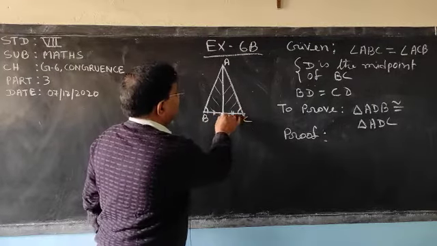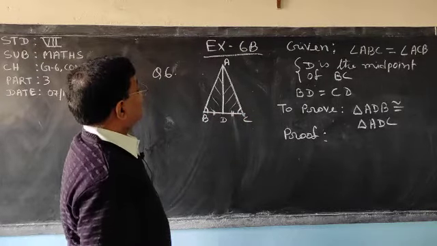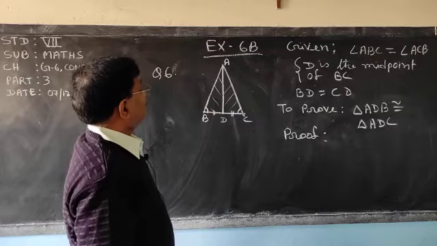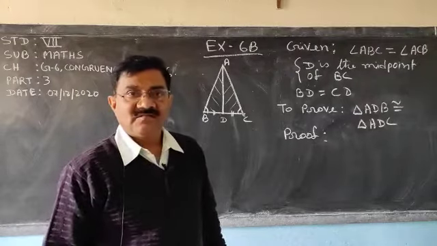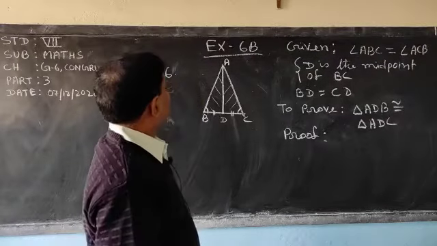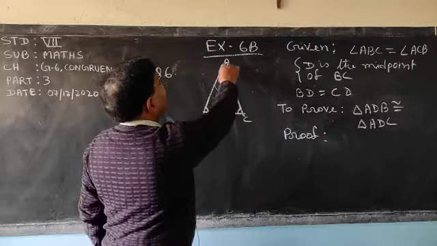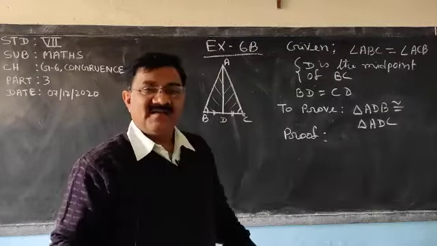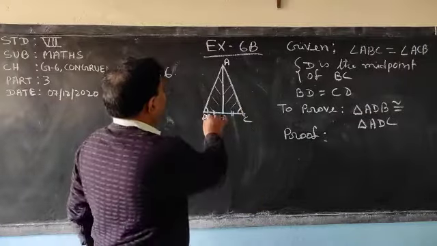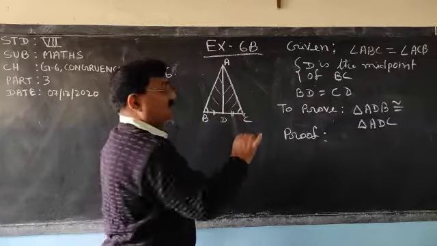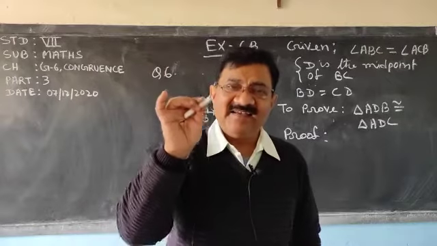And BD is equal to CD, it is given. And what to find third? A little bit of confusion is there. This side AD is common in both triangles, but no condition is there that shows side angle side.